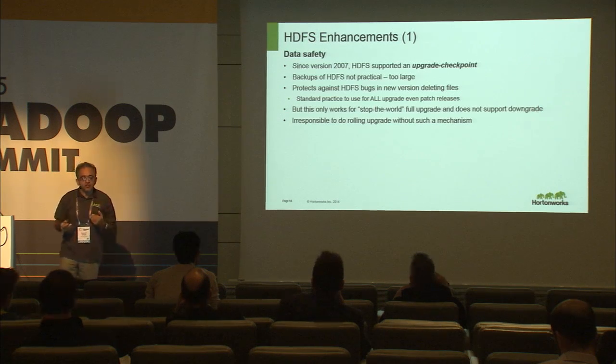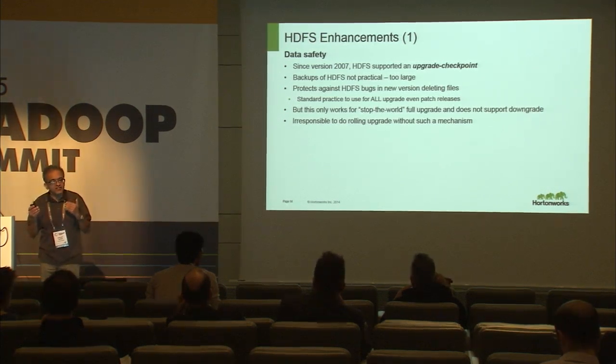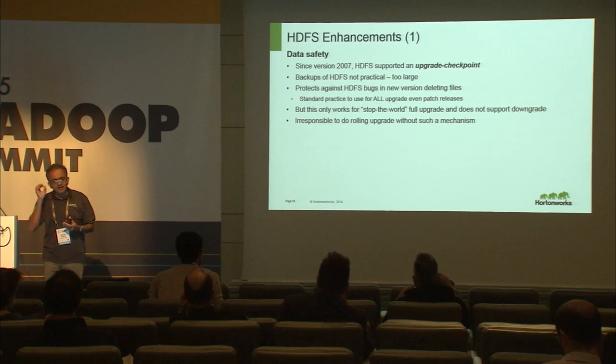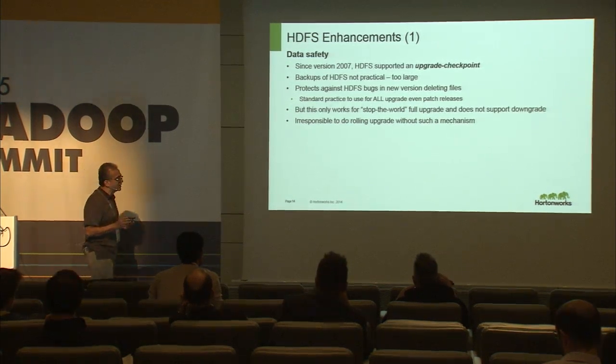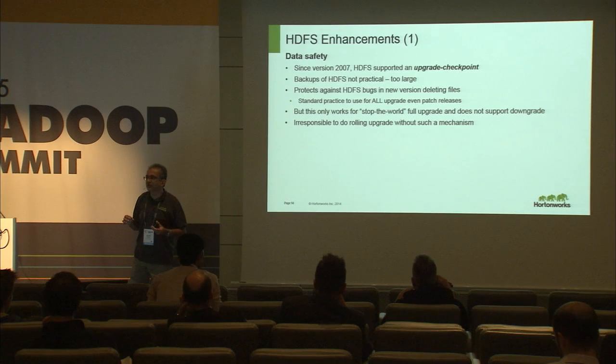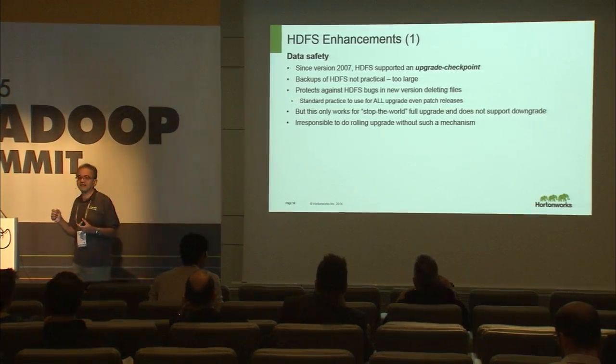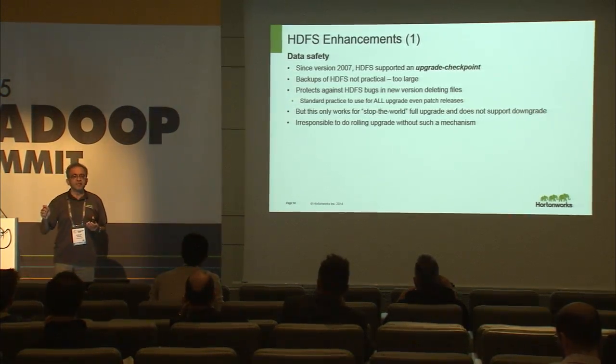So Hadoop has always had a notion of an upgrade checkpoint where it does hard links. The reason you need this is that it's a safety net. We've only seen one case where there was a problem, in 2008, but remember, Murphy's waiting there to strike.